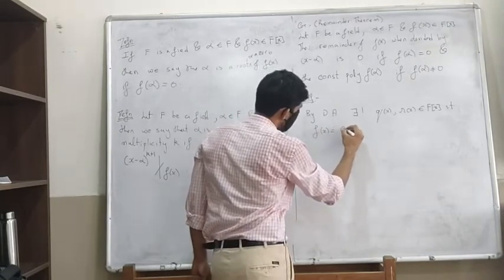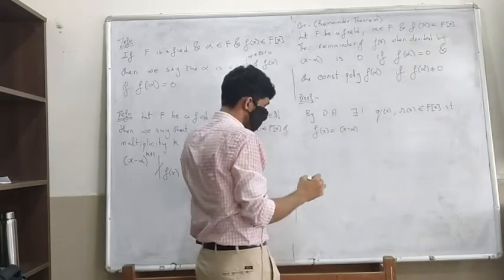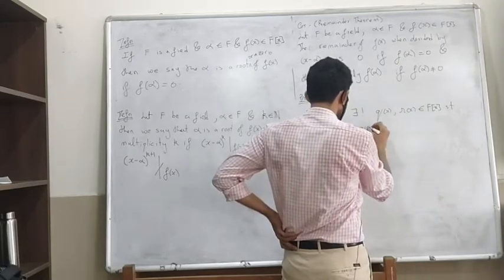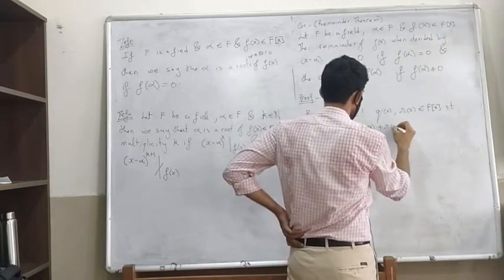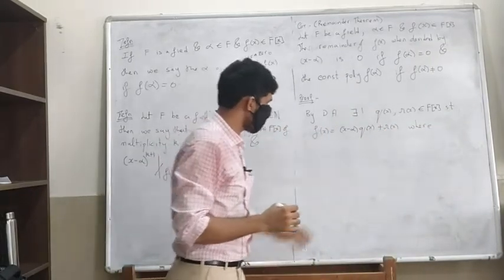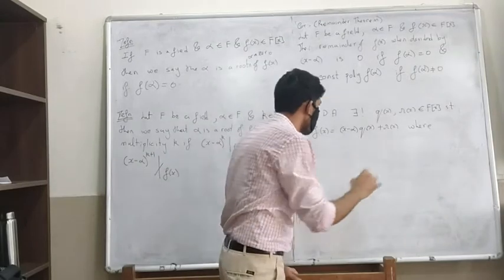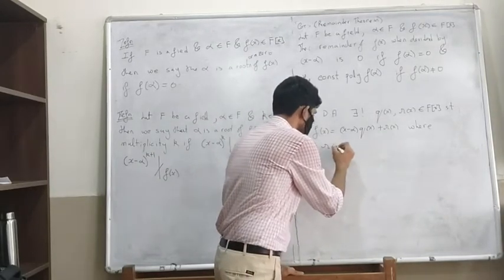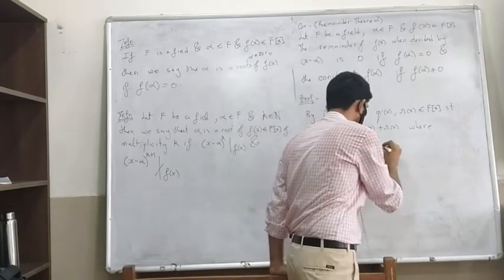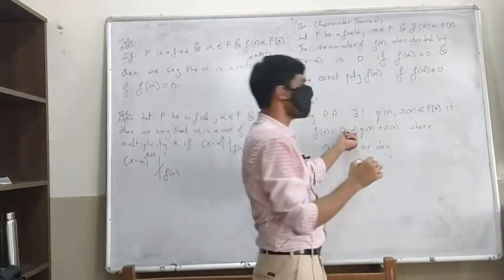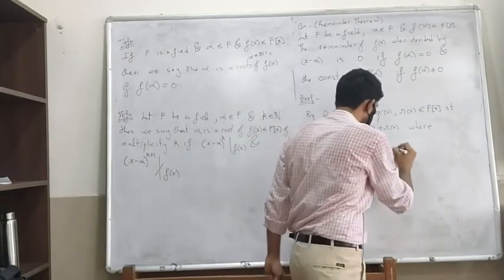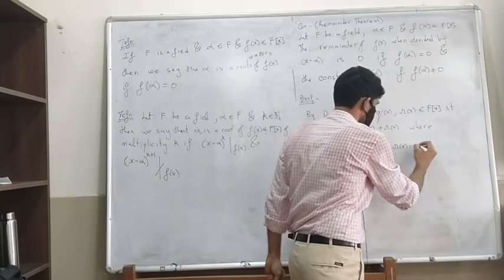x minus alpha times q of x plus r of x, where this will not always be unique. It is only when I restrict r, that is where r of x is either the 0 polynomial or the degree of r of x is less than the degree of x minus alpha, which is 1, which means that the degree of r of x is 0.